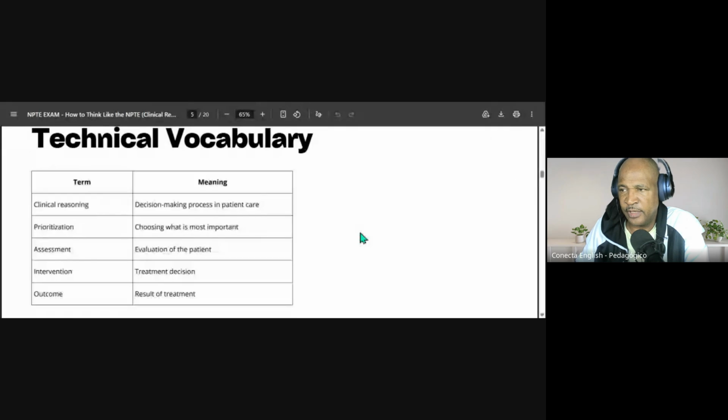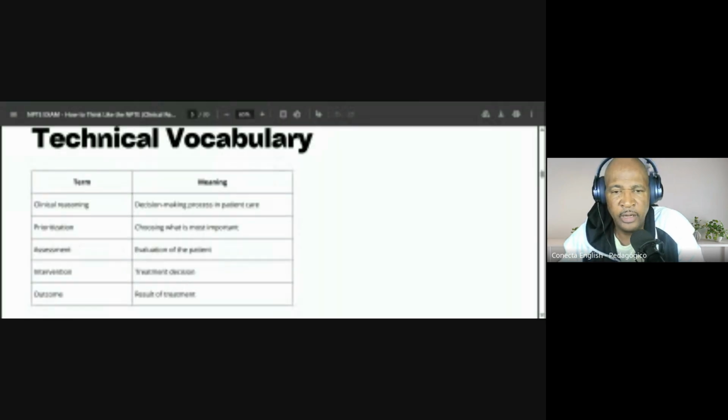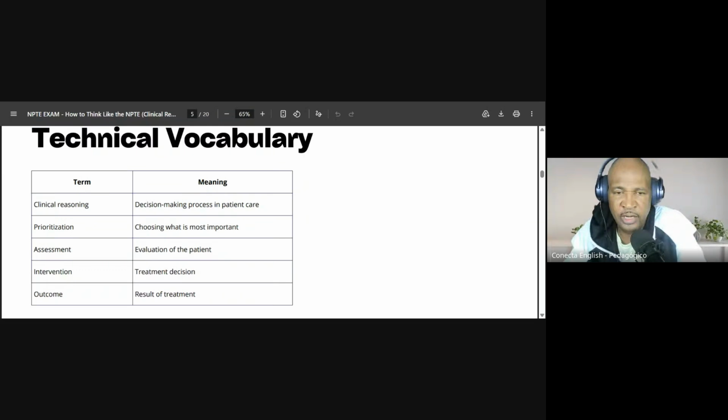Now, first of all, I want to go into our first technical vocabulary, and we're going to be looking at terms and meaning. Clinical reasoning. Clinical reasoning are decision-making processes in patient care.